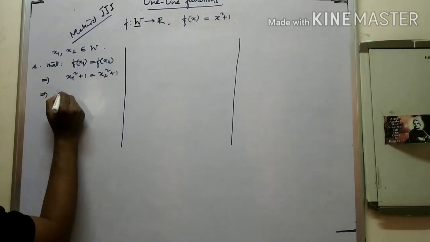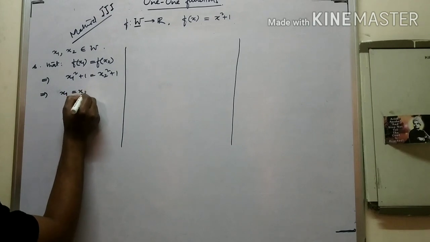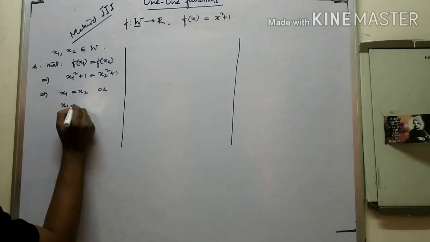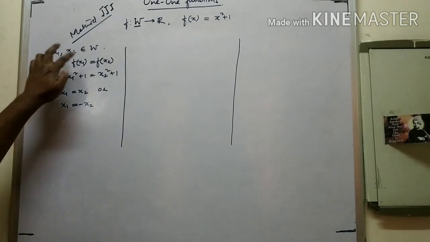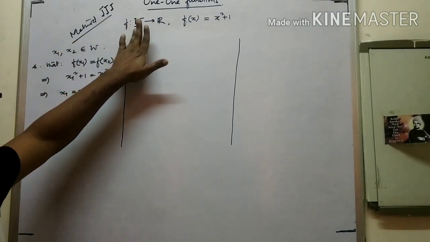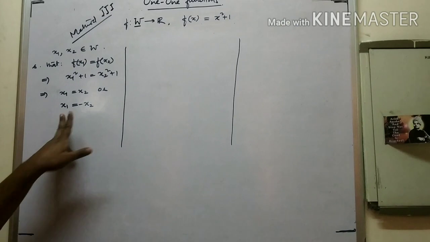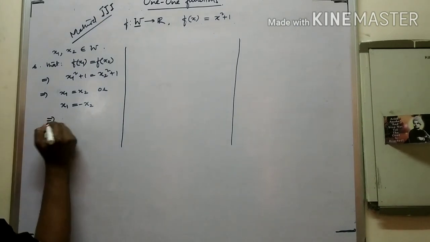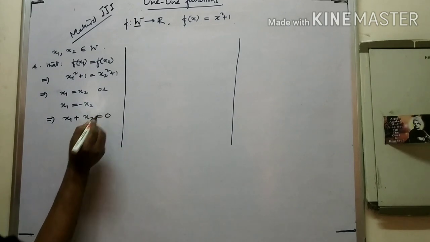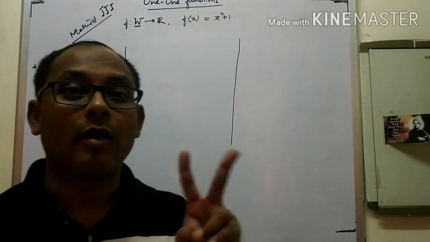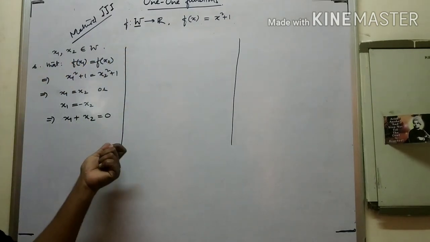So ultimately we'll get x1 equal to x2 or x1 equal to minus x2. Now the thing is that x1 and x2 are whole numbers. So we cannot get two whole numbers whose sum is 0, right? This one is nothing but x1 plus x2 equal to 0. We cannot get two different whole numbers whose sum is 0.